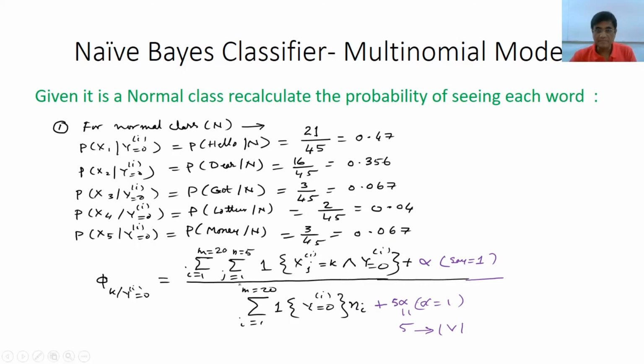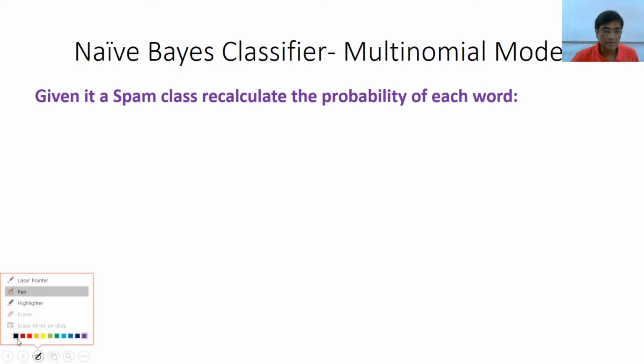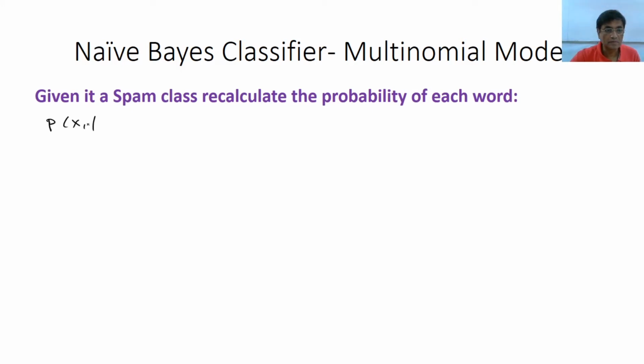Now we will have to do the same thing, recalculate the probabilities for the spam class. So quickly I will write it down. Six by 25 equals 0.24.